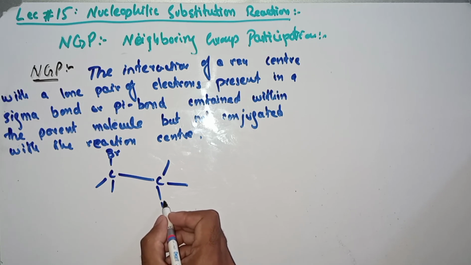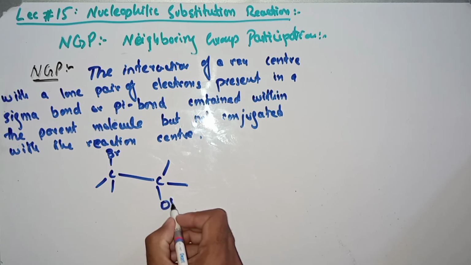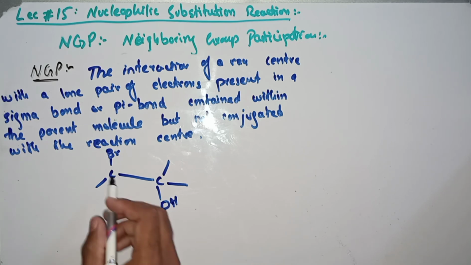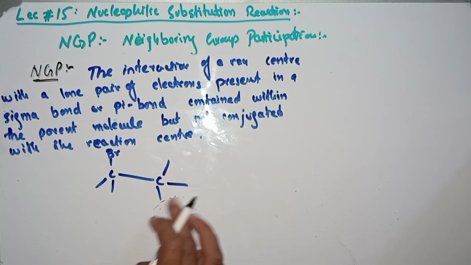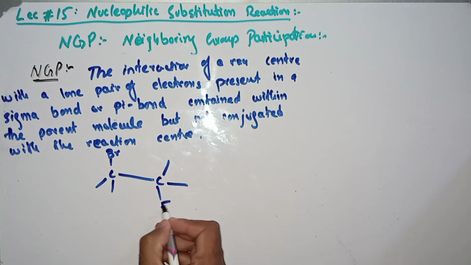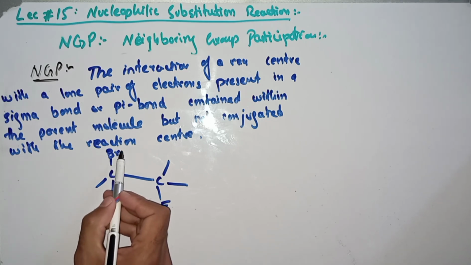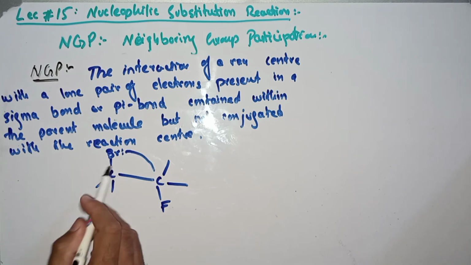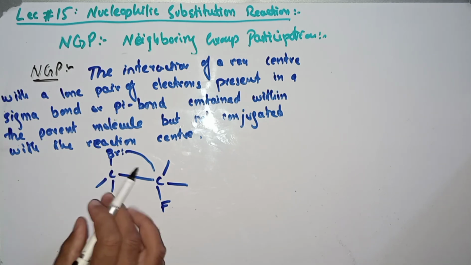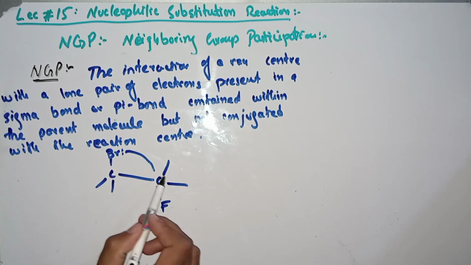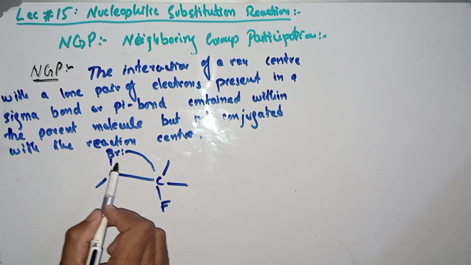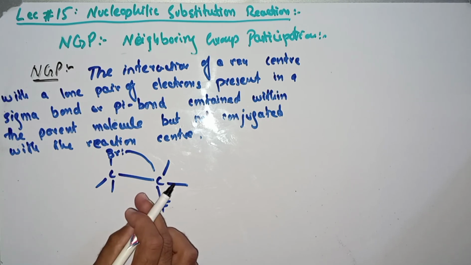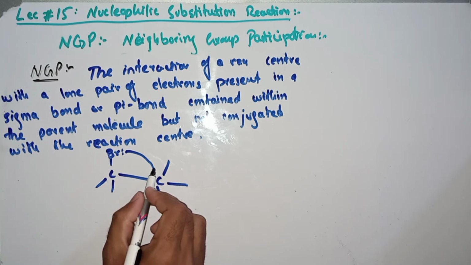Let's suppose this is an OH group, or you can say this is a fluorine group. So when this bromine group attacks internally, it is an intramolecular reaction, an intramolecular attraction, where one atom of the molecule attacks another atom in the same molecule.